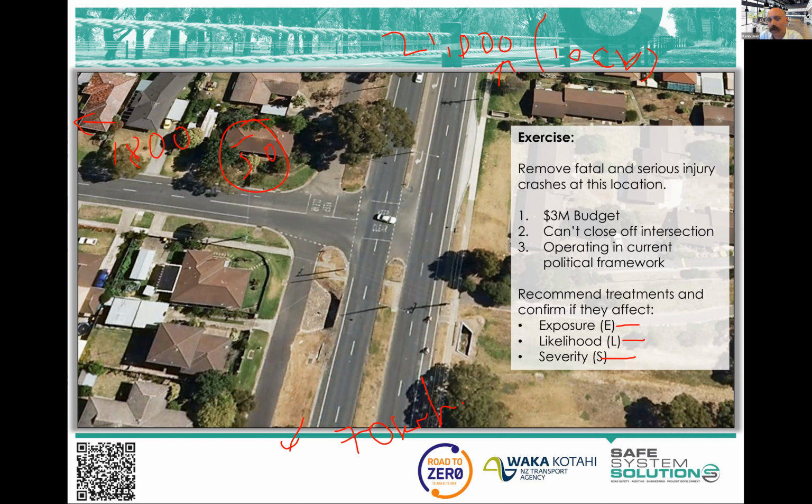If you just put up a no right turn sign but it's still open, and people are going to drive a kilometre down the road to turn around and come back and turn right anyway, then you put it as likelihood. But if you built across there and physically stopped it, then you would put that as exposure, because you're lessening the number of people exposed to that crash type.